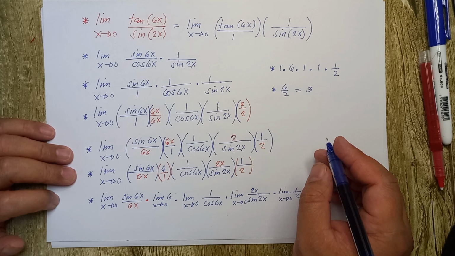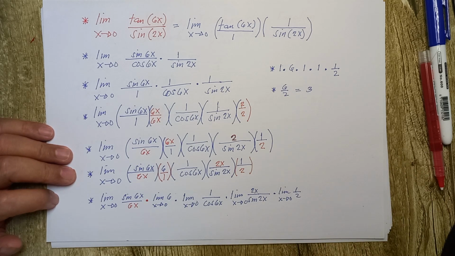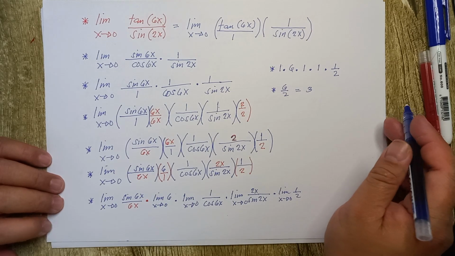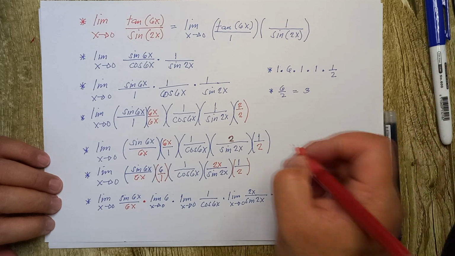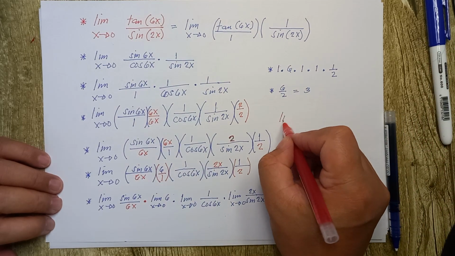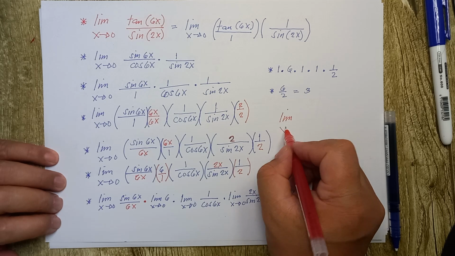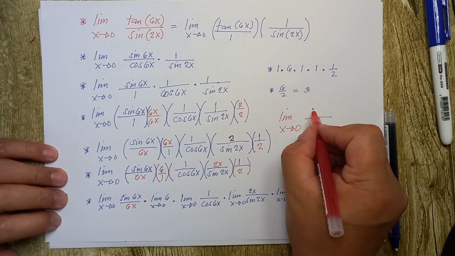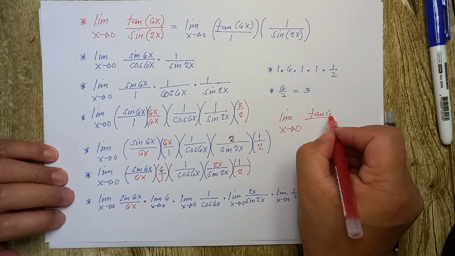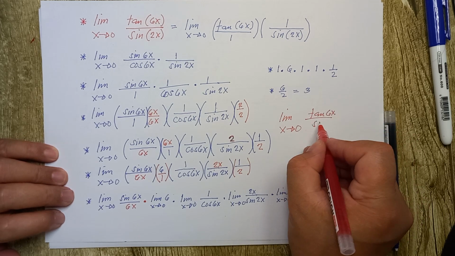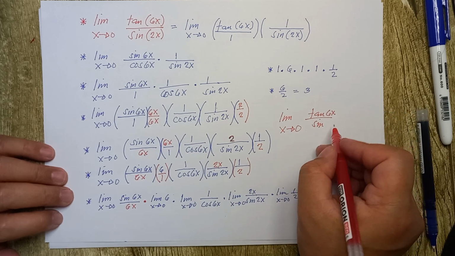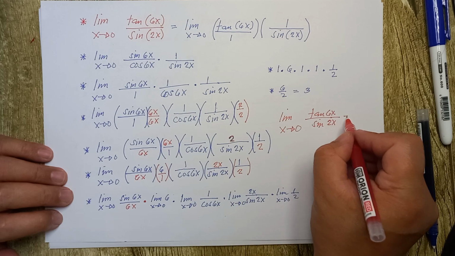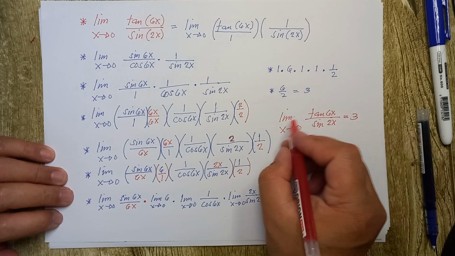And therefore we can say now that the limit is 3. So with that, we can have this statement saying the limit as your x is approaching 0 of tangent 6x over sine 2x is 3.